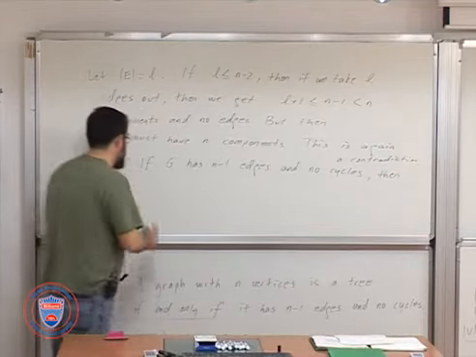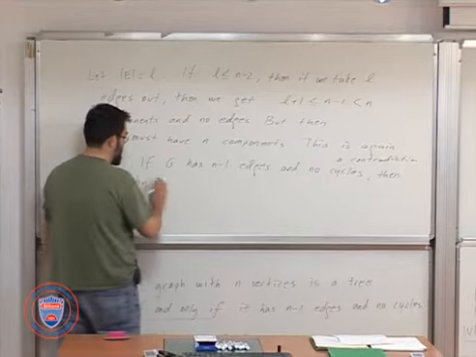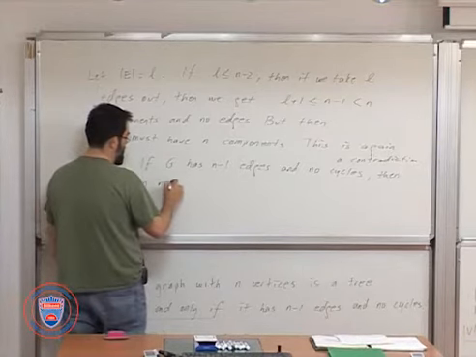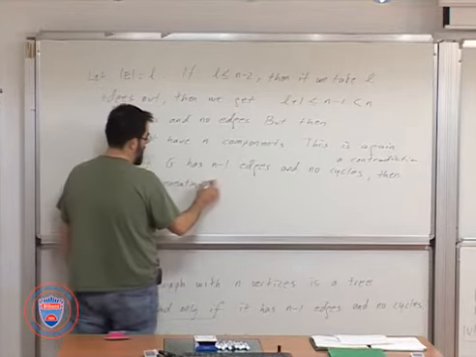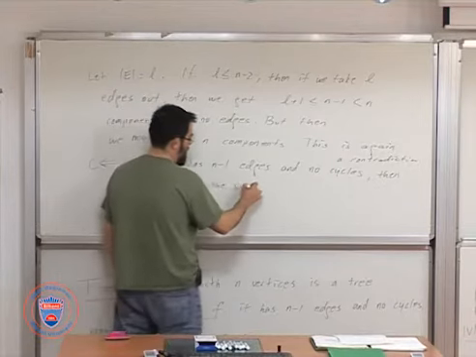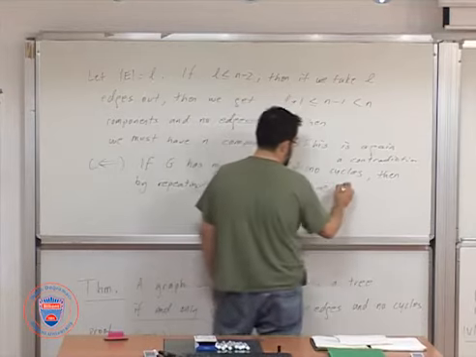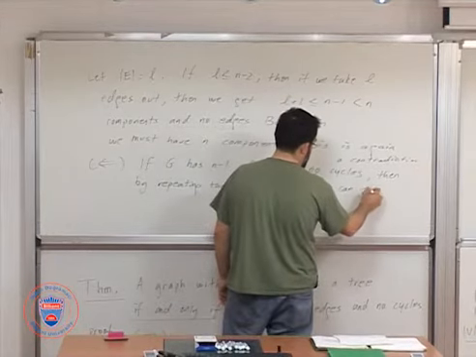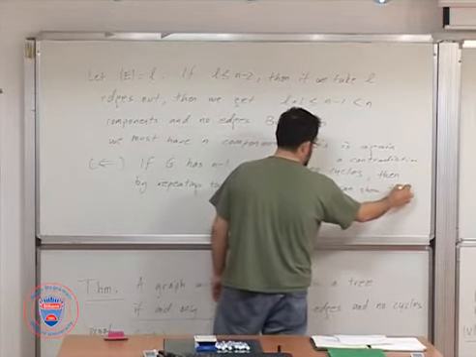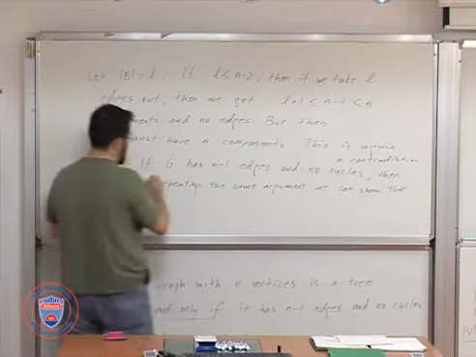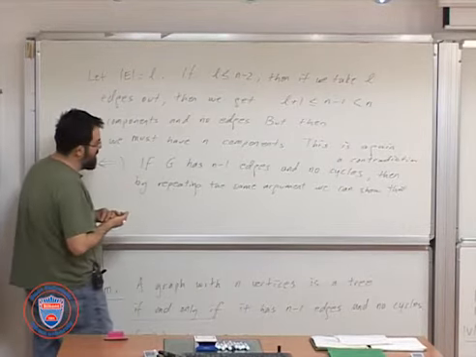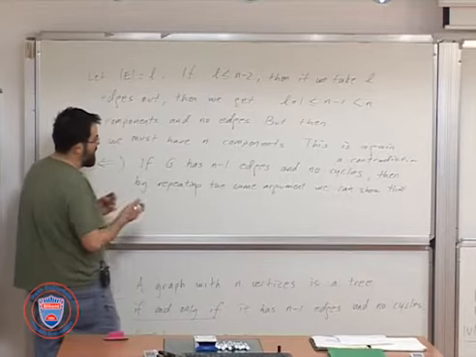Then by repeating the same argument, we can show that, say original G has, say, C components.